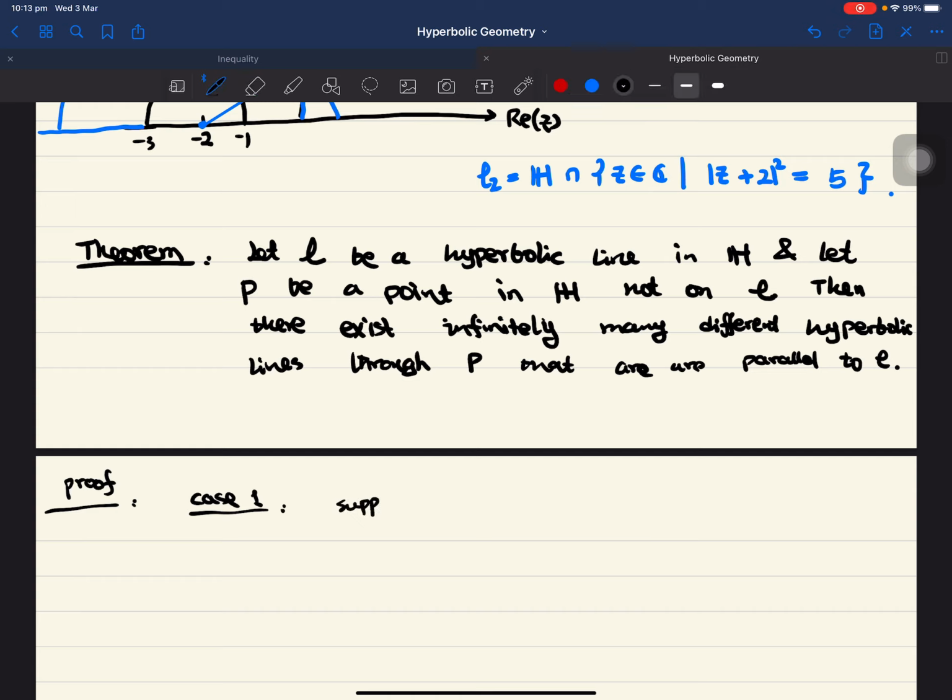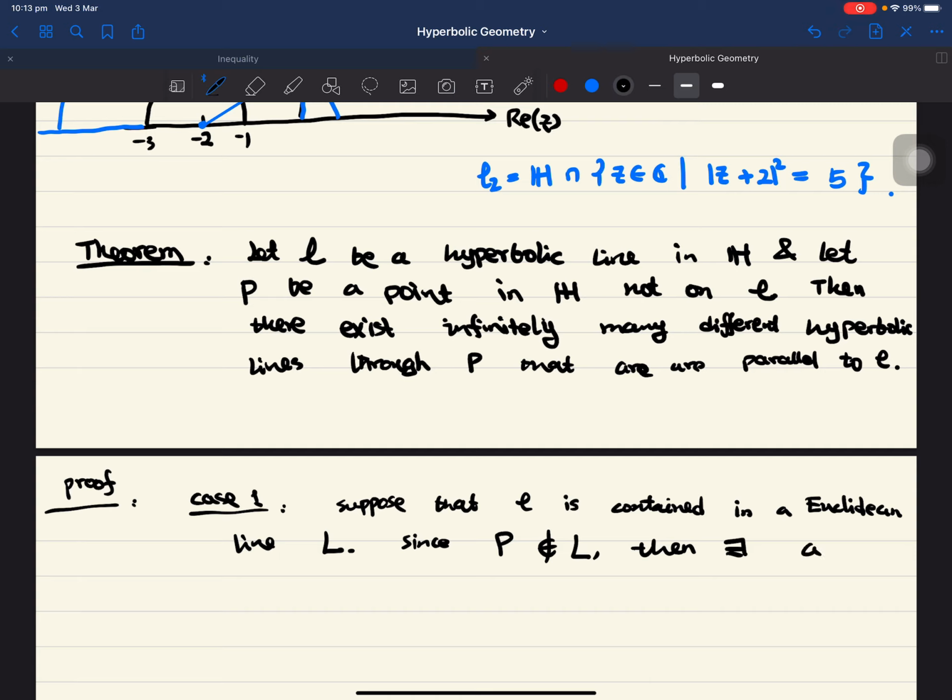Suppose that L is contained in a Euclidean line, capital L. Since P is not in capital L, there exists a Euclidean line K through P that is parallel to L.